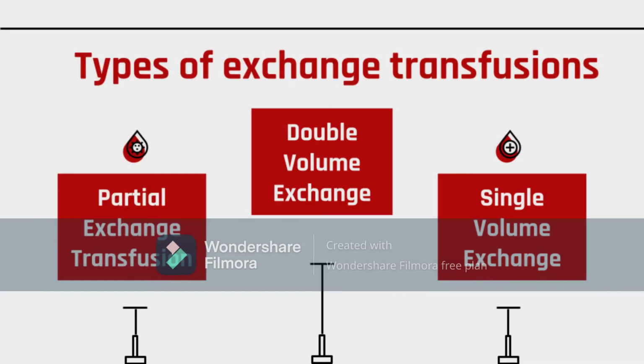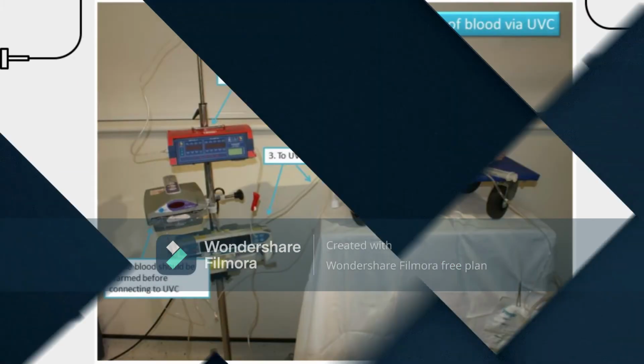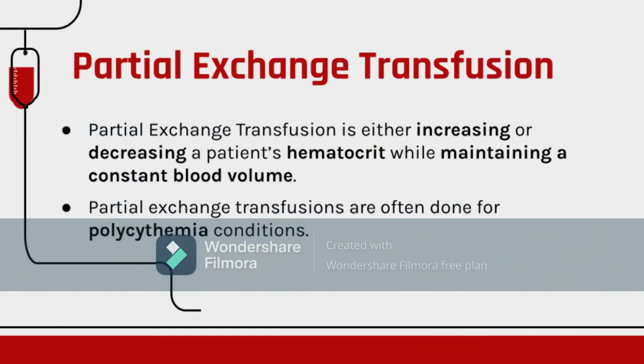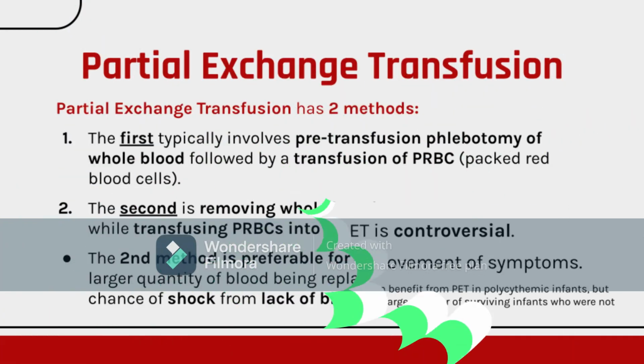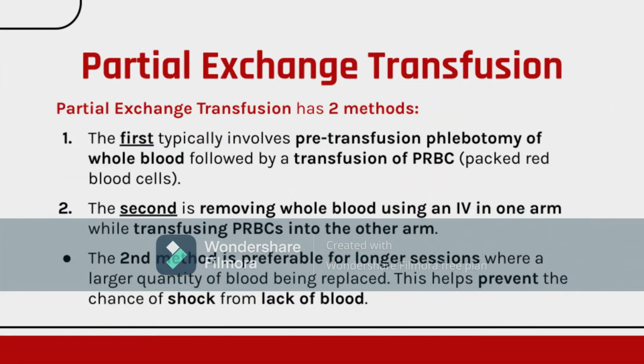Types of exchange transfusion include partial exchange transfusion, double volume exchange, and single volume exchange. Partial exchange transfusion is either increasing or decreasing a patient's hematocrit while maintaining a constant blood volume. It has two methods. The first typically involves pre-transfusion phlebotomy of whole blood followed by a transfusion of packed RBCs.